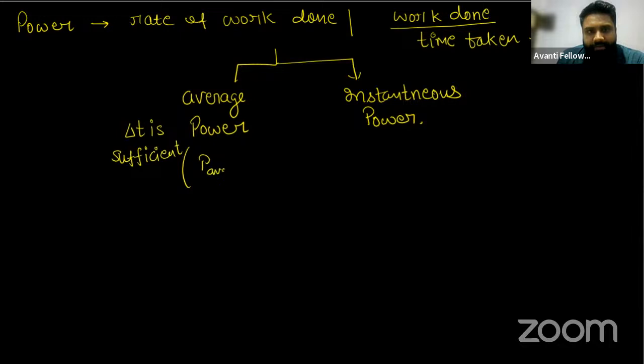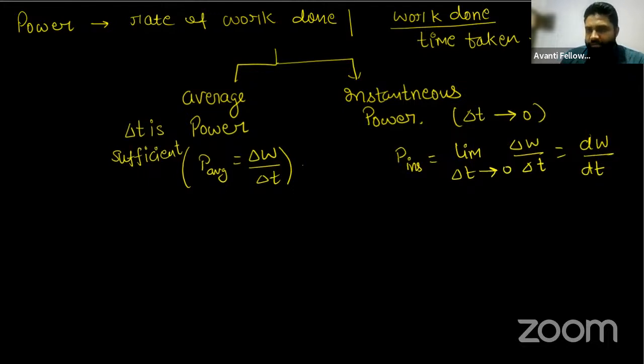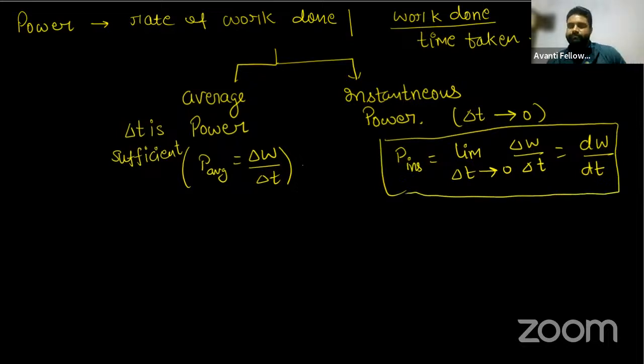You can define average power to be delta W by delta T. But when delta T tends to zero, you can take the limit, so P instantaneous is equal to the limit as delta T tends to zero of delta W by delta T, and it finally becomes dW by dt. These are infinitesimal quantities. This is a differential work and this is a differential time, each having a very low value. Got it?